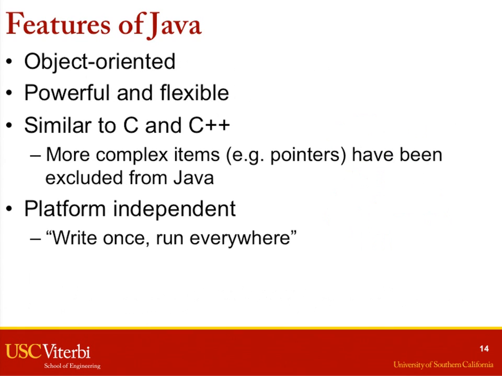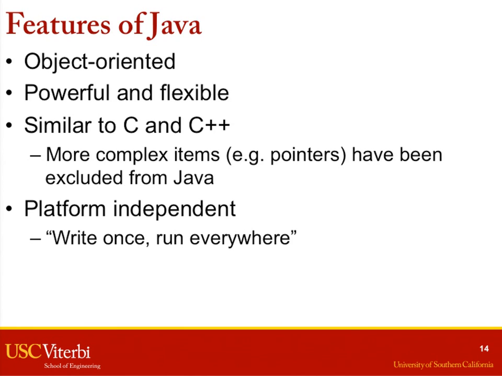So there you go. Object-oriented, powerful, and more complex items like pointers have been excluded. Actually, there really are some pointers behind the scenes, and I will talk about some of that, but it's not as direct. They've taken a lot of that away for you. The memory management is all taken care of for you, as long as you do things the right way.